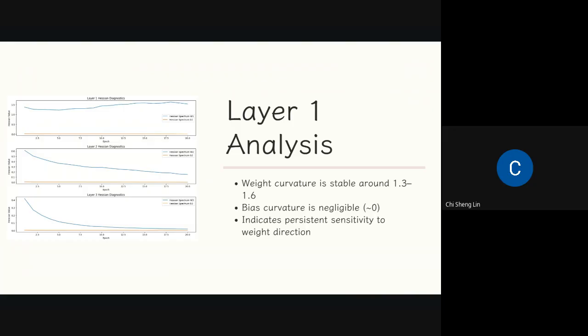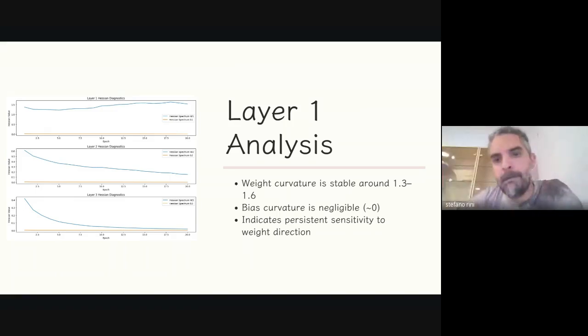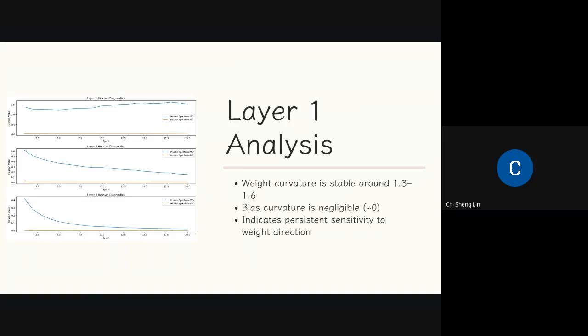For layer 1, we see that the Hessian spectrum for weight stays relatively stable, hovering around 1.5, and this suggests that the layer maintains strong curvature, meaning the optimizers remain sensitive to weight updates. Bias curvature is nearly flat, indicating minimal influence on loss landscape curvature.